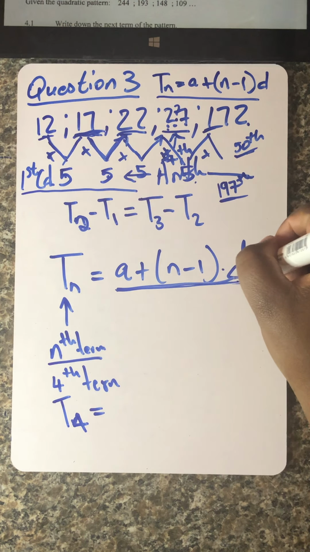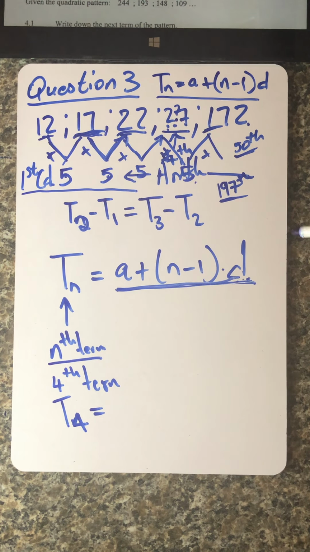That's why at all times you're encouraged to use this formula. Marks are also allocated based on the usage of this formula. If you keep on adding, you might get just a mark for your final answer and miss some marks in between. But this is the shortcut that you must always use.